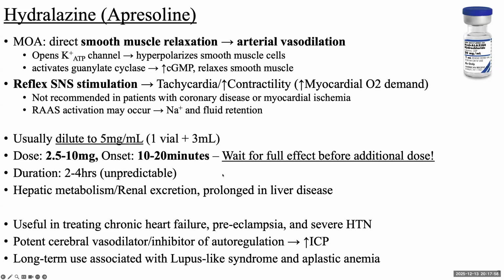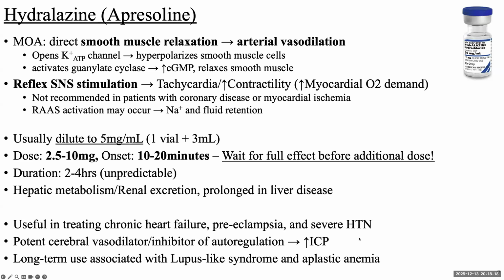Now, hydralazine undergoes a hepatic metabolism, renal excretion. You might see a prolonged duration in liver disease. It's useful in treating chronic heart failure, preeclampsia, and severe hypertension.